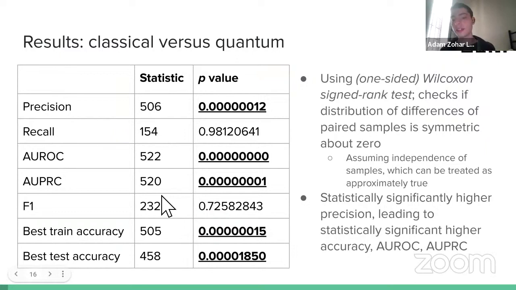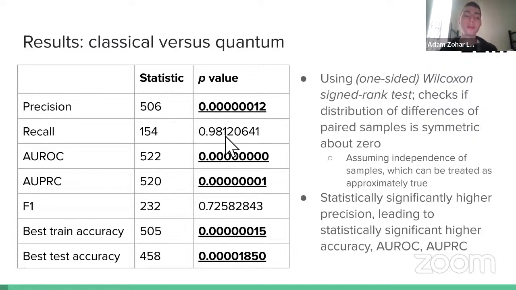We can apply a statistical test to this, referencing that previous approximation of independence of samples. We see that for almost all of these statistics, the p-value is significantly below the standard threshold, indicating that the quantum models perform statistically better than the classical. There are some interesting things to learn here, though.